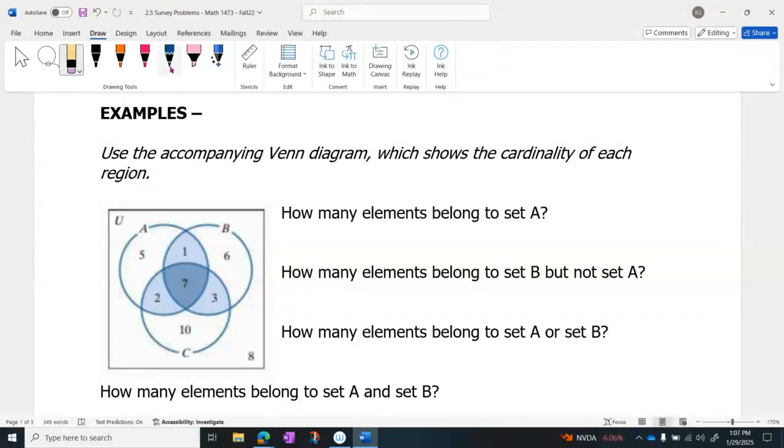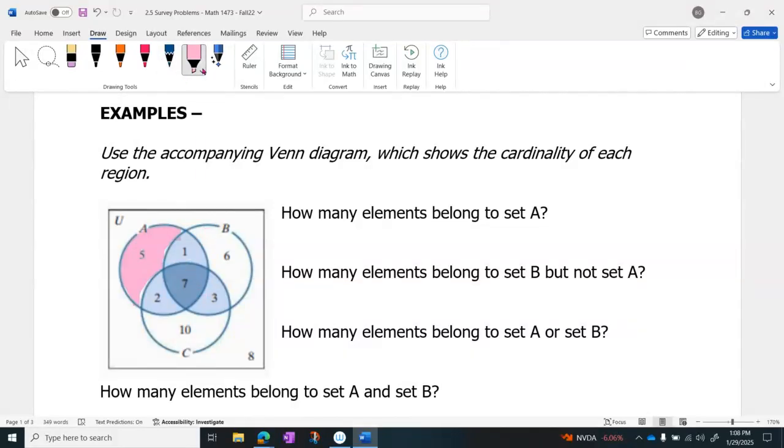For example, the 5 here is the cardinal number or cardinality of this pink region. All right? That's what it means. That means there are 5 elements in this pink region. 5 here is not an element. 5 here is the cardinality of that region.